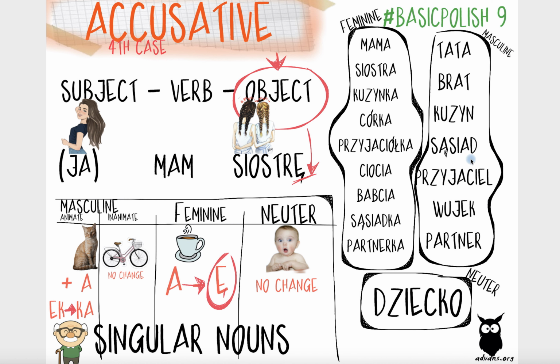In that case, apart from the one that's got a to ę change, we will add an additional a. When it comes to neuter nouns, there is no change. And this no change is also specific for inanimate masculine nouns. So if you wanted to say, I've got a bike, I've got a ticket, you would say mam rower, mam bilet. Okay, there will be no change.